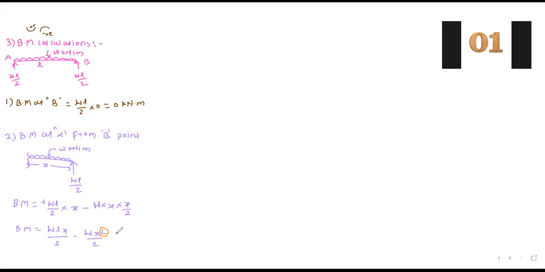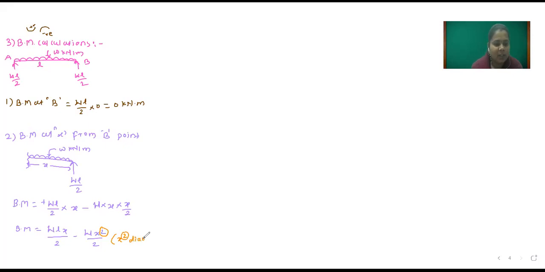So this 2 means x raised to power 2, the diagram is parabolic. Whenever we draw the bending moment diagram, you have to remember that x is raised to power 2, so at that time we have to draw the bending moment diagram as a parabolic curve.